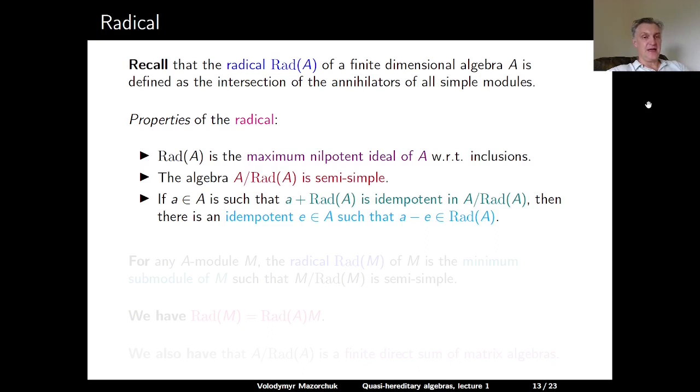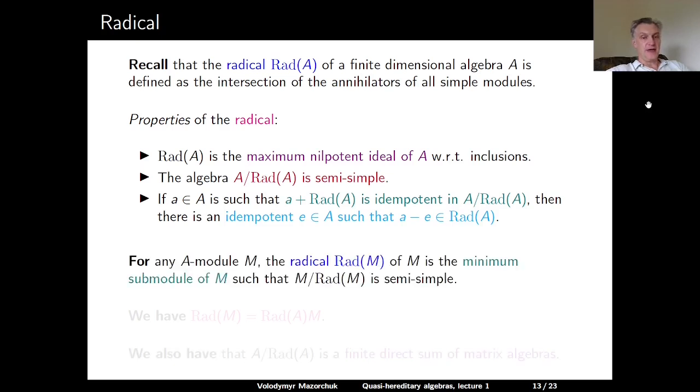If we have an element a in our algebra A, such that the class a plus radical of A is idempotent in the quotient of our algebra modulo its radical, then there is an idempotent element e in A, such that the difference between our original element a and e belongs to the radical of A. Or in other words, the class of a modulo the radical coincides with the class of our idempotent element e modulo radical.